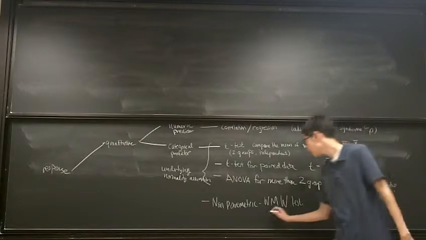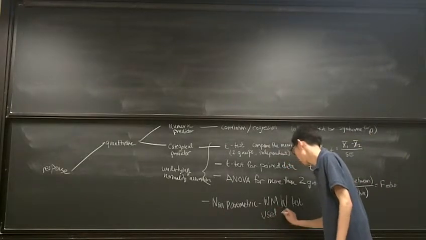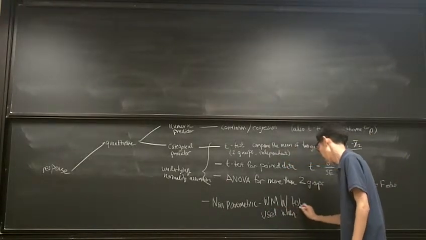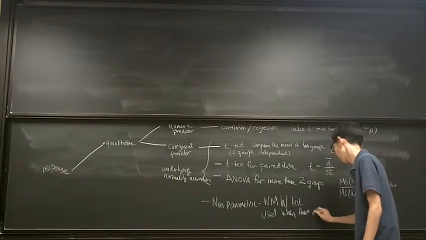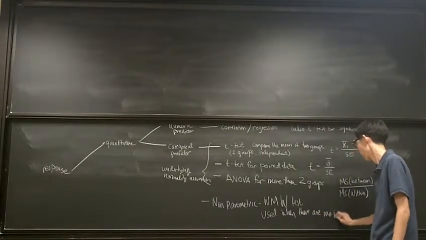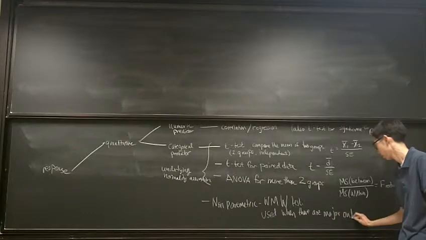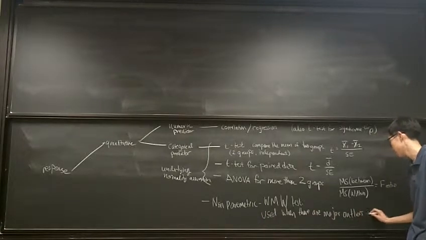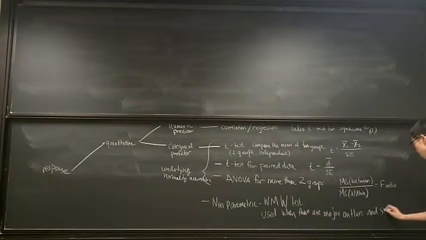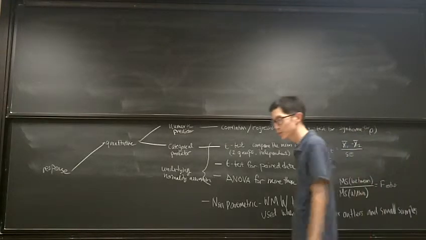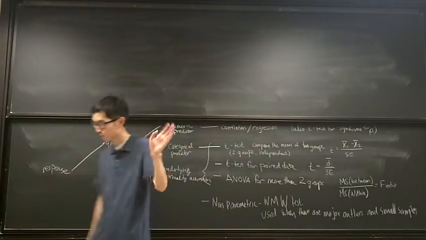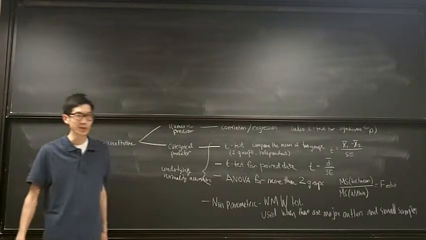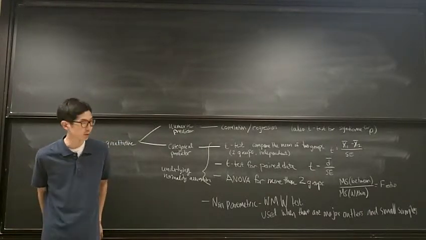Use it when you have major outliers and small groups, small samples. Because at some point, if your sample's huge, even if you've got outliers, the central limit theorem takes over with huge samples.